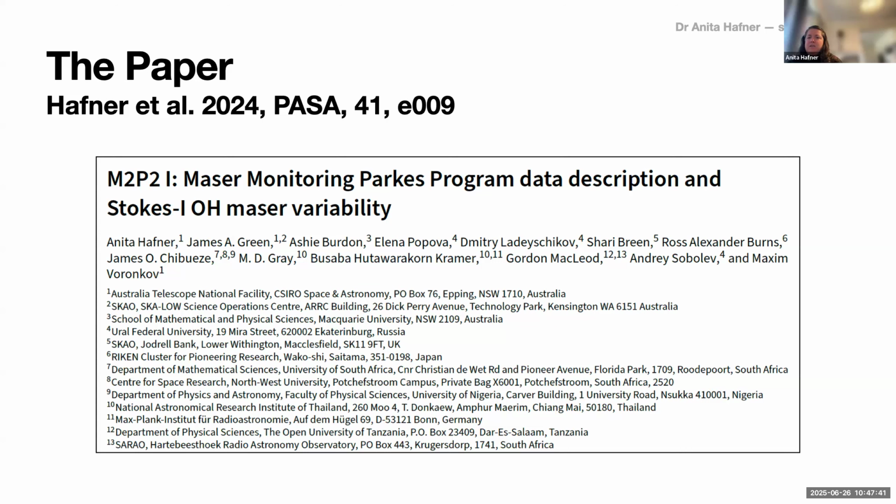I've proposed in this last round a change in the monitoring program. Instead of doing the spot monitoring that we've been doing for the last 5 years with M2P2, to do a 72 beam scan across the galactic plane.